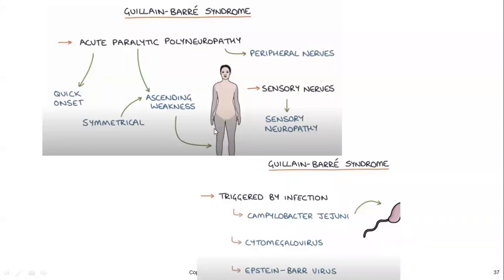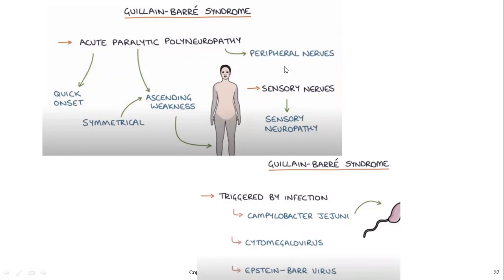It starts from the lower extremity, from the feet, then goes up to the hands and respiratory muscles. It is always symmetrical, meaning if the left leg is attacked, the right leg will also be attacked. And polyneuropathy means peripheral nervous system attack.